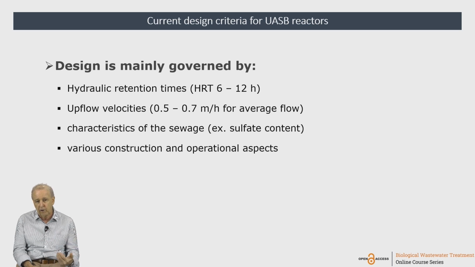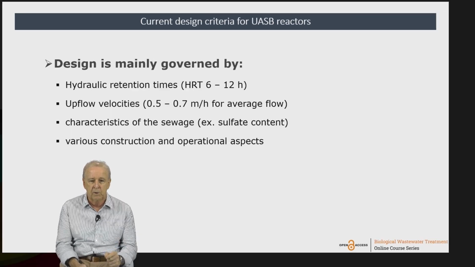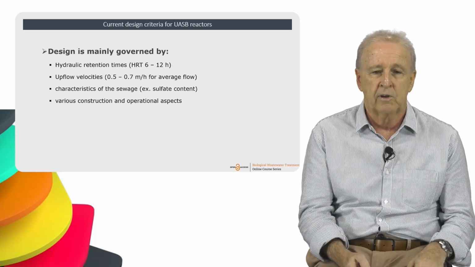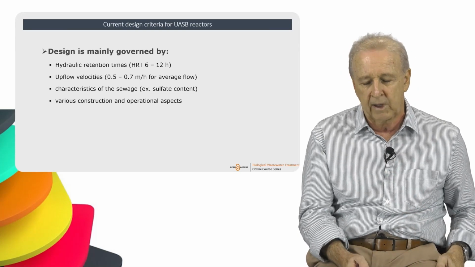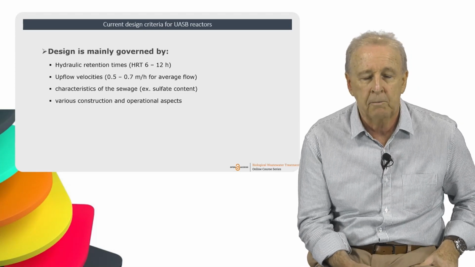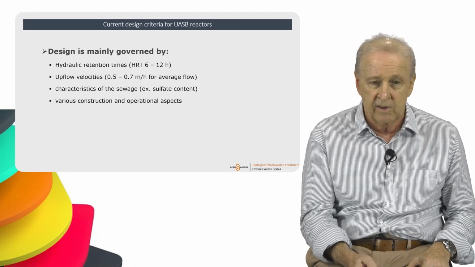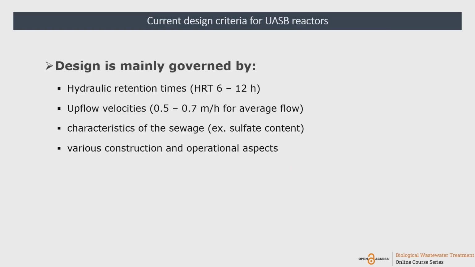And if the upflow velocity is very low, you can also have problems of mixing. So these two design parameters are very important, and I'm going to talk about them in more depth in the next slides. Okay, now I'm going to focus on the design criteria for the UASB reactors, specifically.